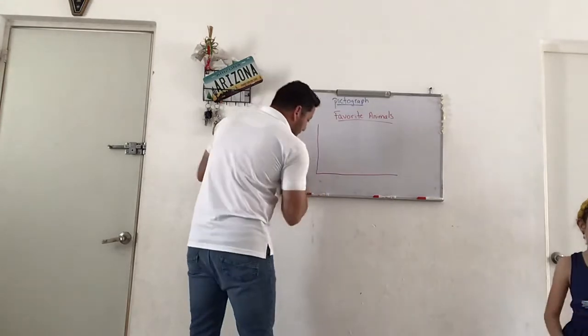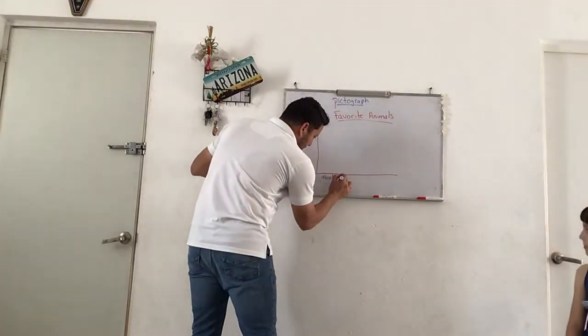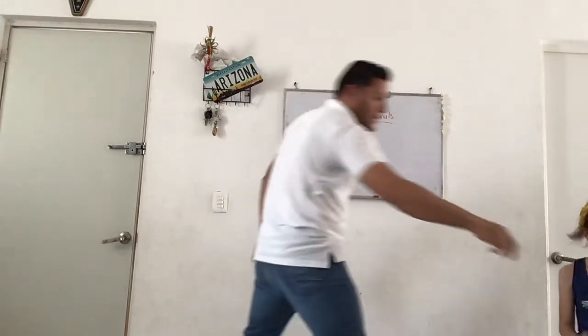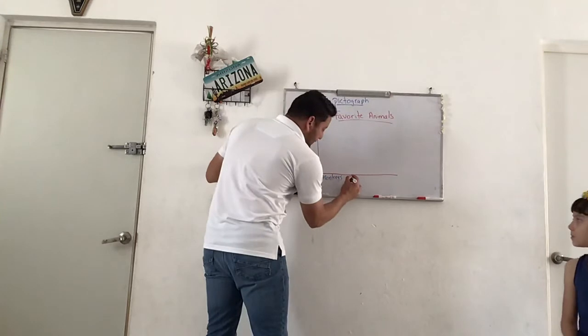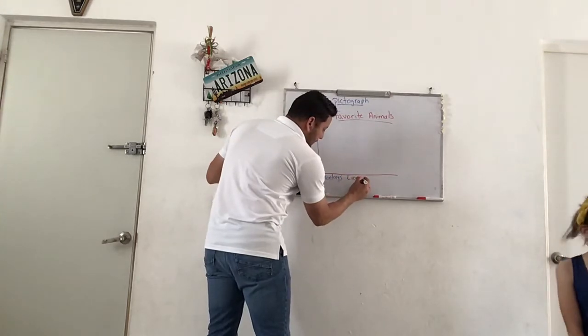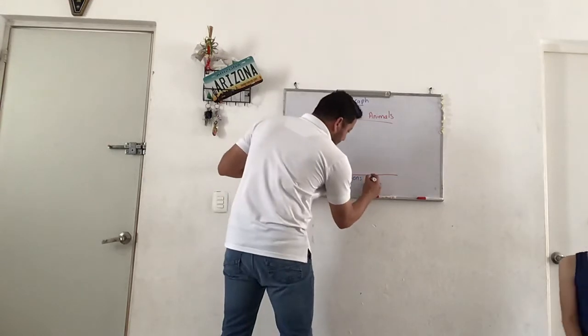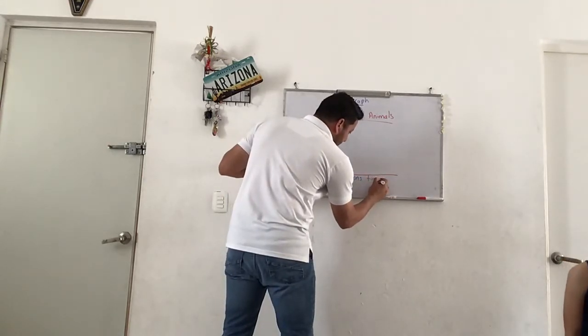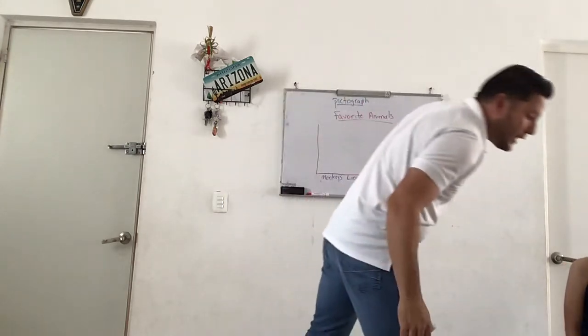which we have monkeys. Another, what kind? Another, Bianca, please. What is this? Lion. A lion. A tiger. Tigers.